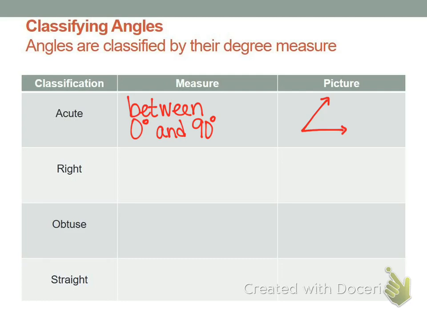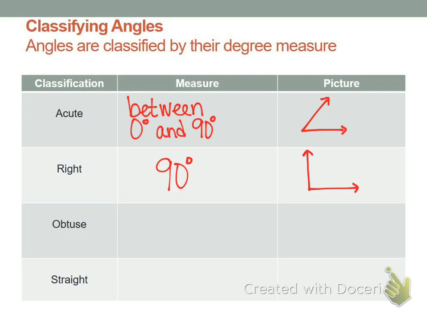Anybody know the measure of a right angle? Matea? 90 degrees exactly. Nothing above, nothing below. Exactly 90 degrees. If you are thinking about a career in construction, I hope you're familiar with them. We use right angles a lot in construction. Now, this angle does not necessarily have to be pointing up and to the right.